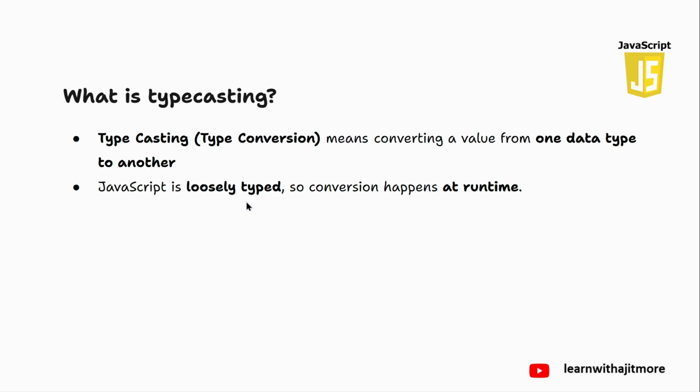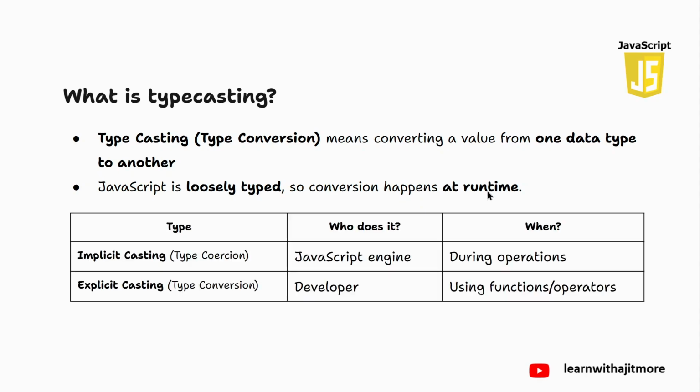I hope you already know, in the very first lecture also I told you, it is dynamically typed and loosely typed. Loosely typed means the same variable can keep changing its type as and when needed. So at runtime only the changes take place. You don't have to bother about it. So conversion happens at runtime.